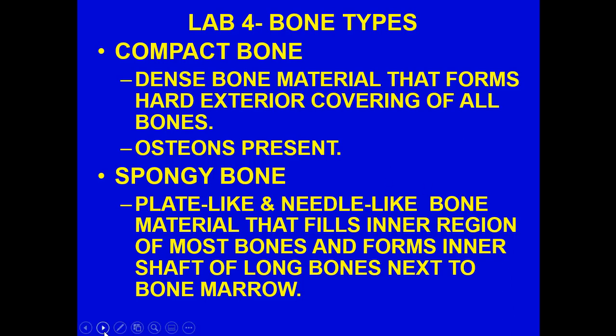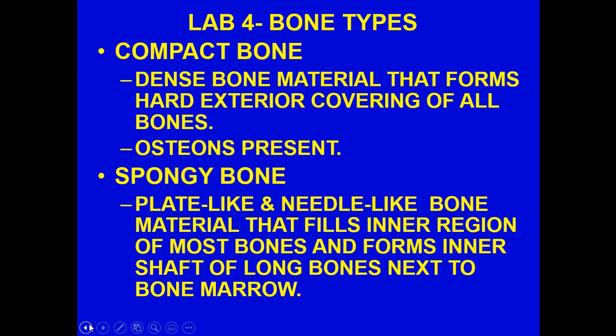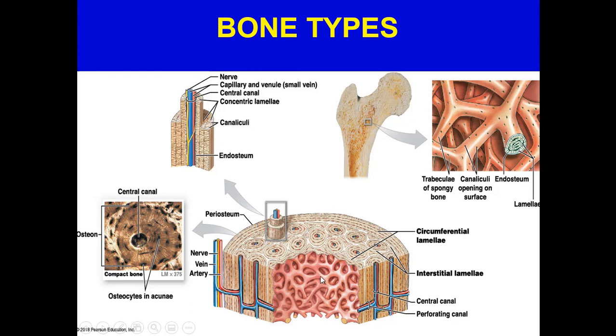So, here's where bone marrow would be. This is basically the area where you would have this type of bone, spongy bone. Notice it looks almost like a sponge. It's got a lot of spaces and pockets, etc. There are osteocytes there.